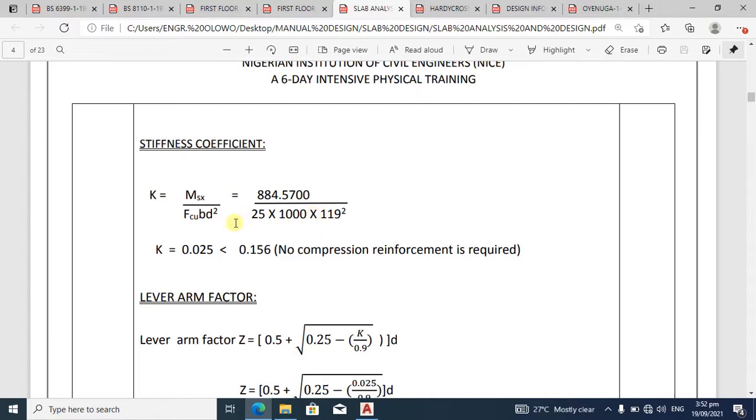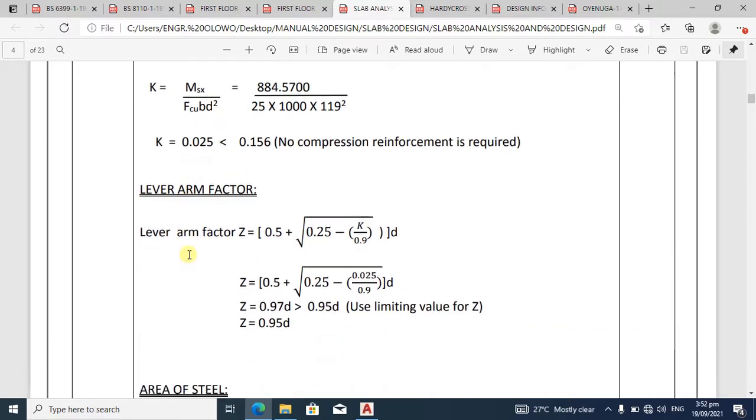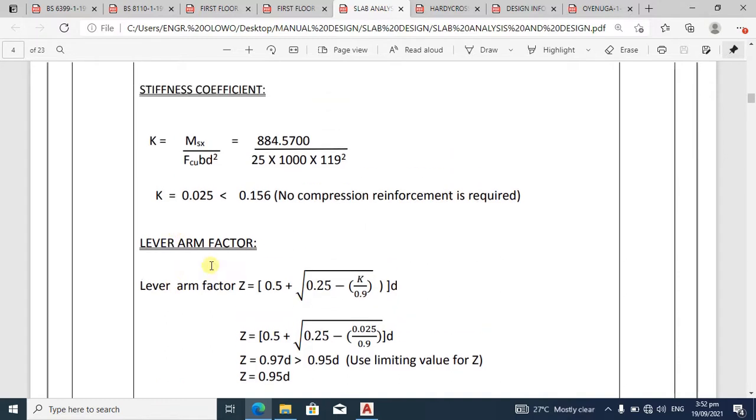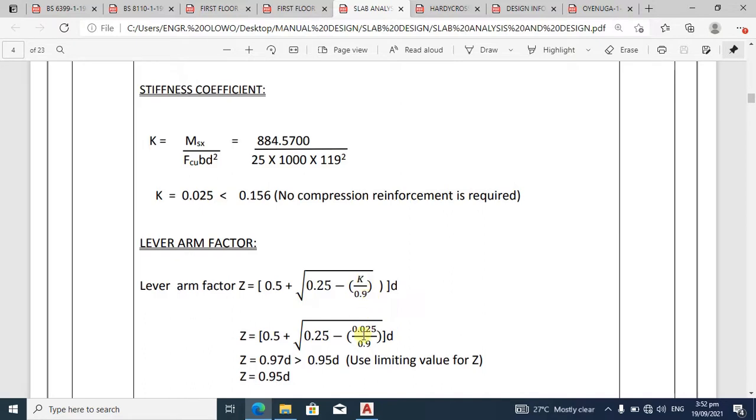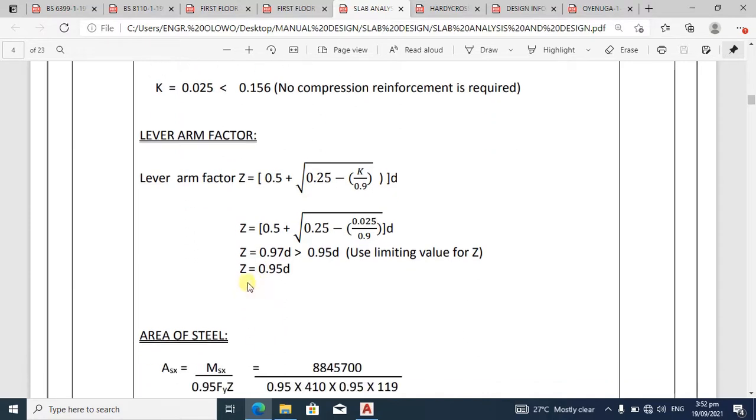Then from here we can get the value for the stiffness coefficient K, and from there we can calculate the lever arm factor Z, which is this. Another thing here is, if the value of your Z is greater than 0.95D, like in this case we have 0.97D, our value is greater than the standard value for the lever arm factor.